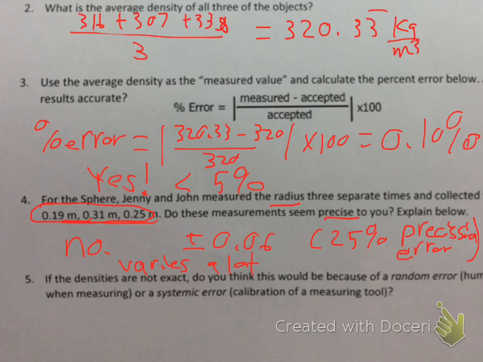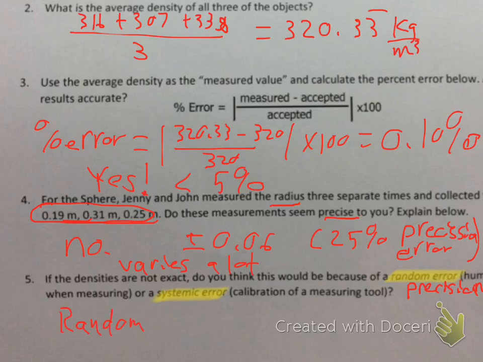Okay, so let's look at the last one. So the densities are not exact. Random error affects precision. This is usually due to human error. And systematic error is usually because of a calibration error or a major fundamental reason, a fundamental incorrect thing with the experiment. So this is definitely due to random error.